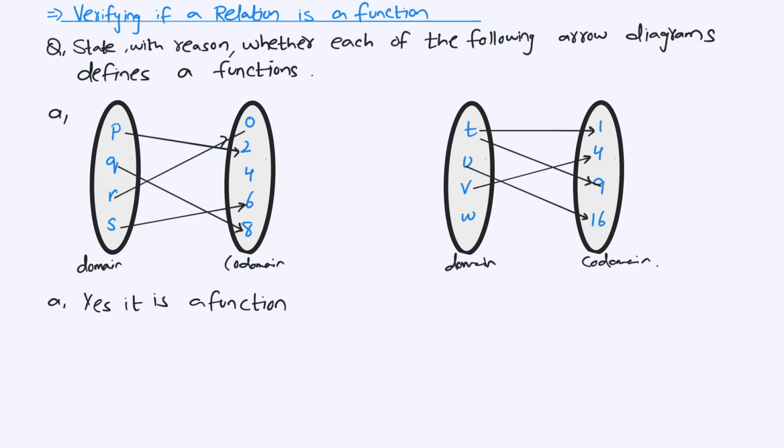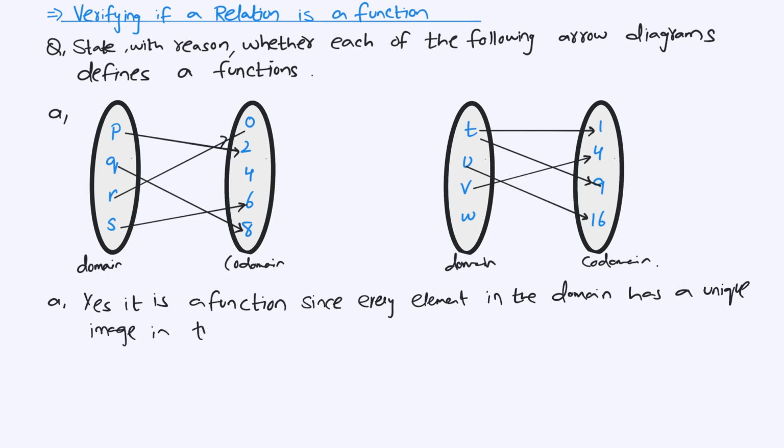Why? Since every element in the domain has a unique image in the codomain.